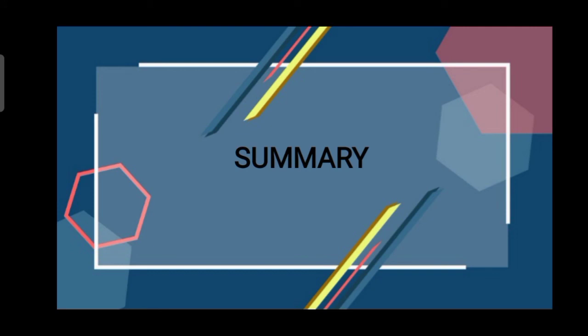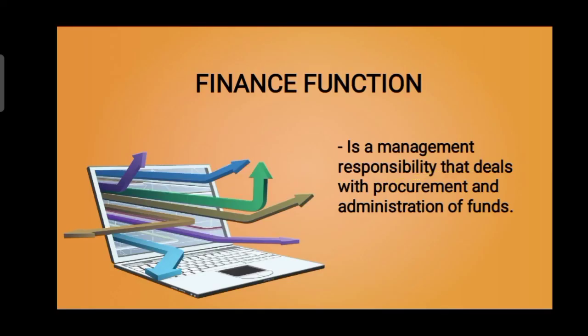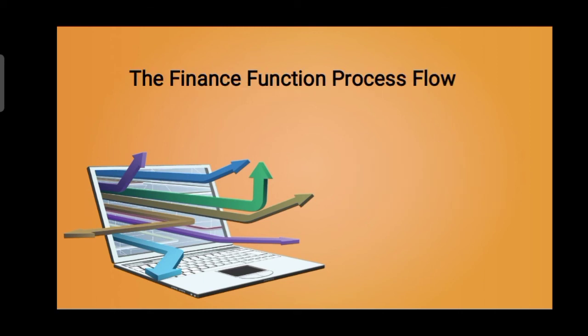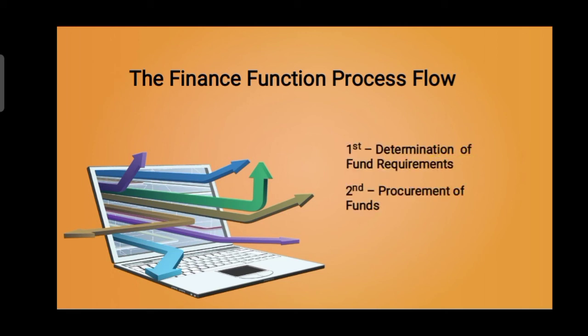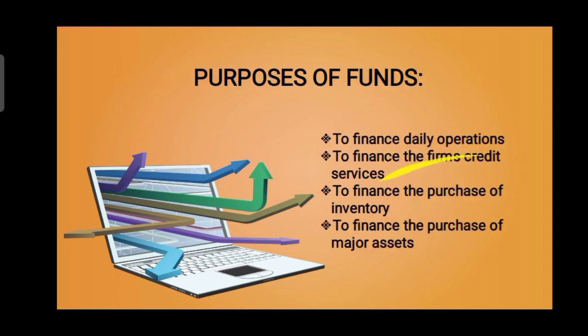So, to conclude our report, here is our summary. The finance function is a management responsibility that deals with the procurement and administration of funds. The finance function process flow: first is the determination of fund requirements, followed by the procurement of funds, and the third is the effective and efficient use of funds.